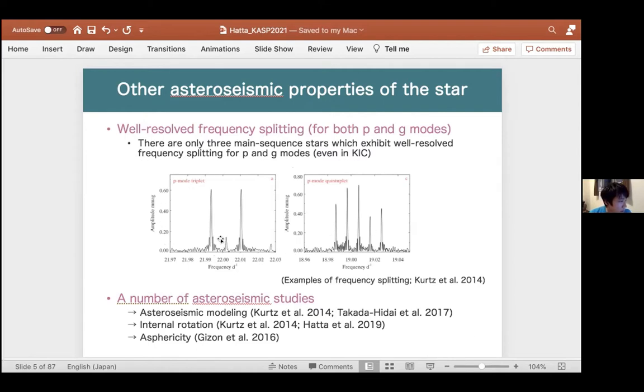We see the modes are clearly well separated. Thanks to this very nice property, there have been a number of asteroseismic studies of the star, including asteroseismic modeling and inferring the internal rotation, and even the asphericity of the star has been measured based on the observation of this well-resolved frequency splitting.